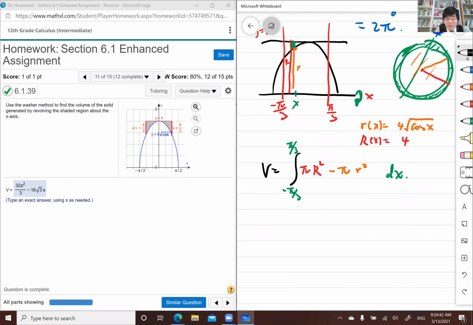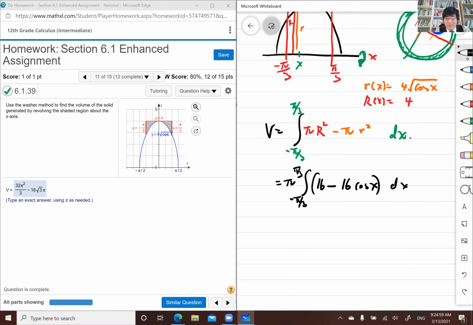You can put the pi out. The bigger radius squared is 16, and the smaller radius squared is 16 times cosine x. This is an even function, so you can put the 2 out and make it 0 through pi/3 of 16 minus 16 cosine x.